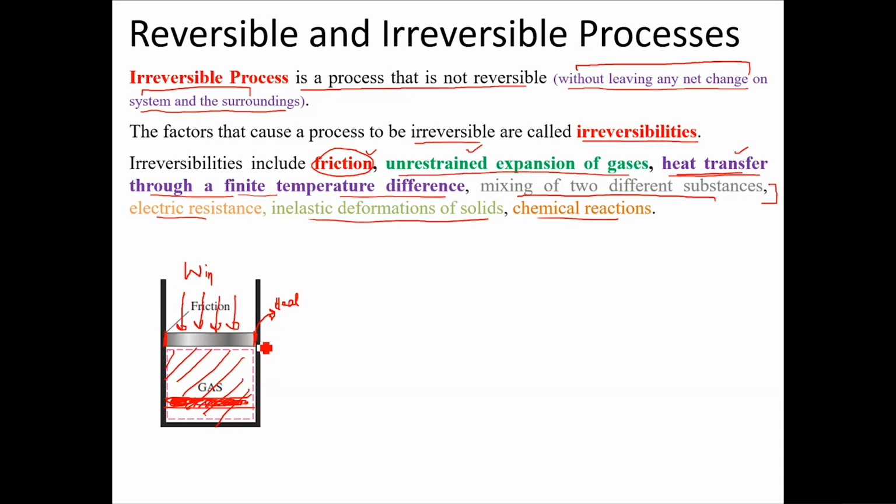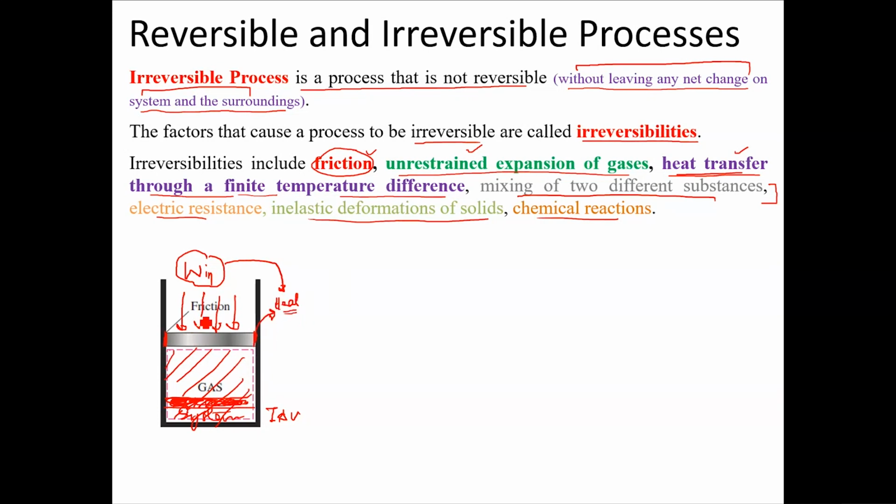So some portion of this work actually transforms into heat, which has not affected your system, which is not being accounted for in the change in volume of the system. A portion of the work that you have done has converted into heat.